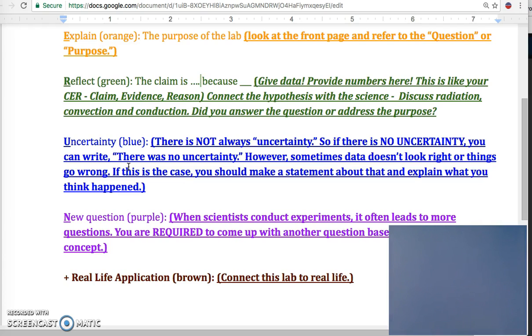You would discuss that if you saw something unusual in your data. Or, for example, someone forgot to turn on the stopwatch at the beginning, so our numbers might be a little bit off, so it was kind of an approximation. So it's talking about human error, it could be machine error, and sometimes there's no uncertainty. I would at least like you to say, for the beginning, there was no uncertainty if there wasn't any, so that I know you've at least thought about it and stated that.